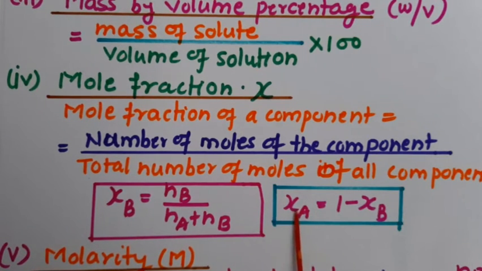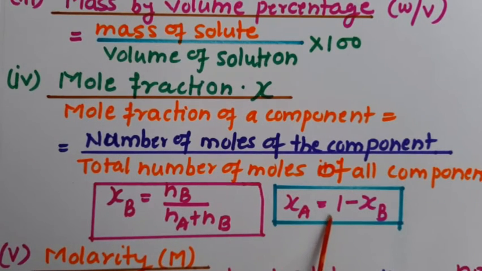Now mole fraction of A can also be calculated as NA divided by NA plus NB, but in spite of using this formula for the component A, you can easily calculate chi A by subtracting the value of chi B from 1, because in case of fraction we take the part, if the total part of a substance is 1, then how much part of the substance with respect to 1.